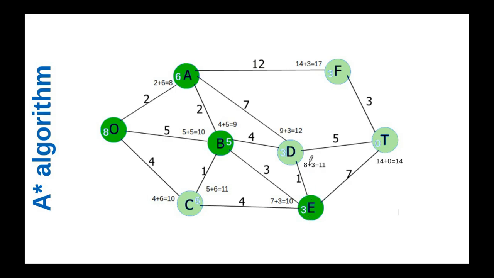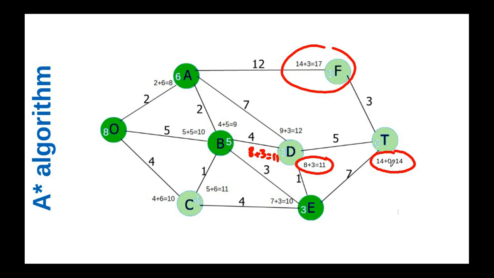Then we consider the neighbors again. As you can see here, F stays the same. And then from E, we have two neighbors. We have D. You remember here we had also 8 plus 3 equals to 11. Here we have again this. And then, as you can see, we have also another new neighbor that is 14.